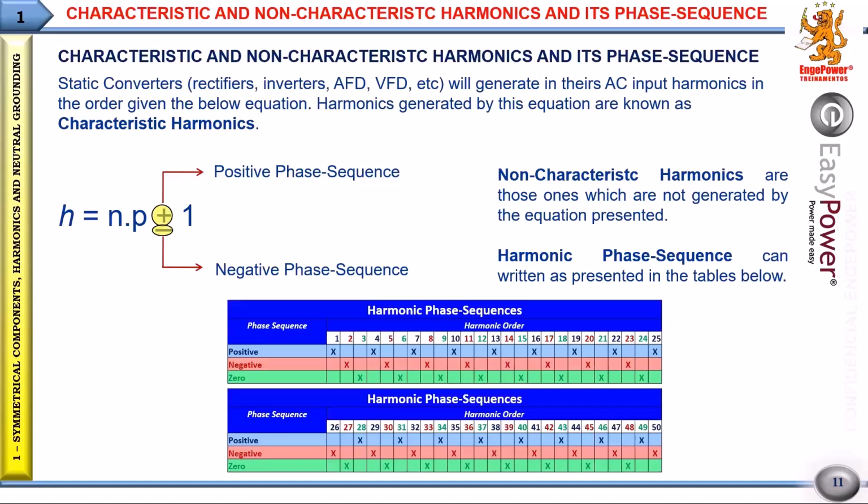So we have these characteristic harmonics, the 5th and the 7th. For n equals 2, the process is the same. We are going to have the 11th and the 13th order.